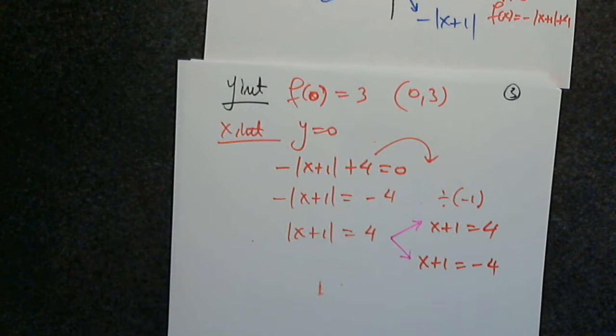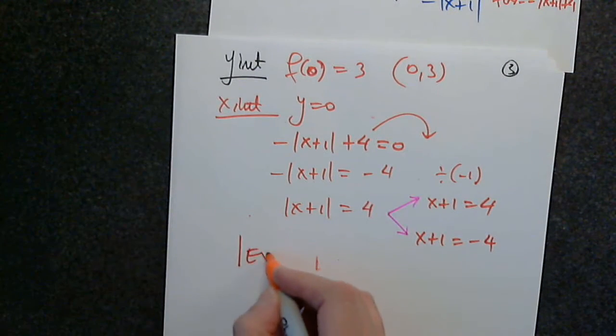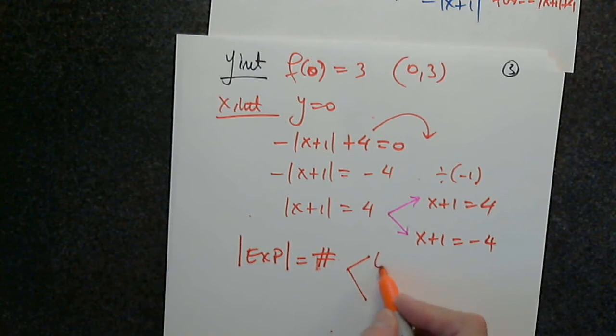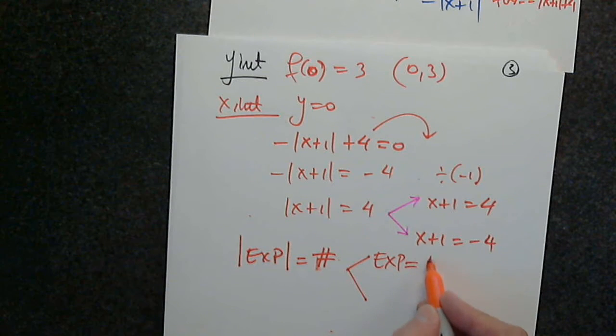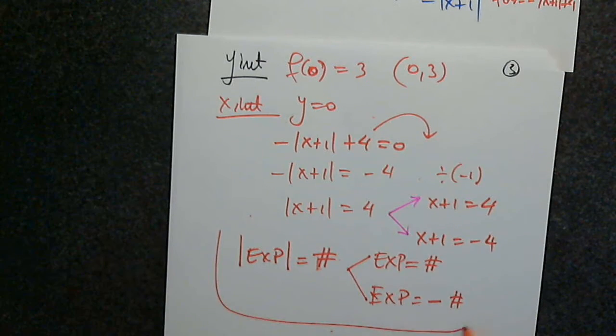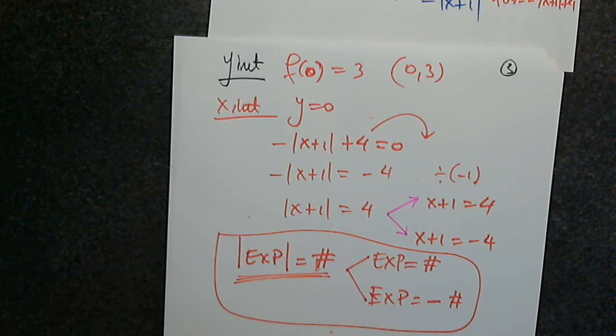There are two possibilities. This is not a linear equation. The absolute value equation, do not treat it as linear. Good. Is this clear? So when we have the absolute value of an expression equals a number, there are two possibilities: the expression equals the positive number, or the expression equals the negative number. These are the two options when the absolute value equals a positive number.